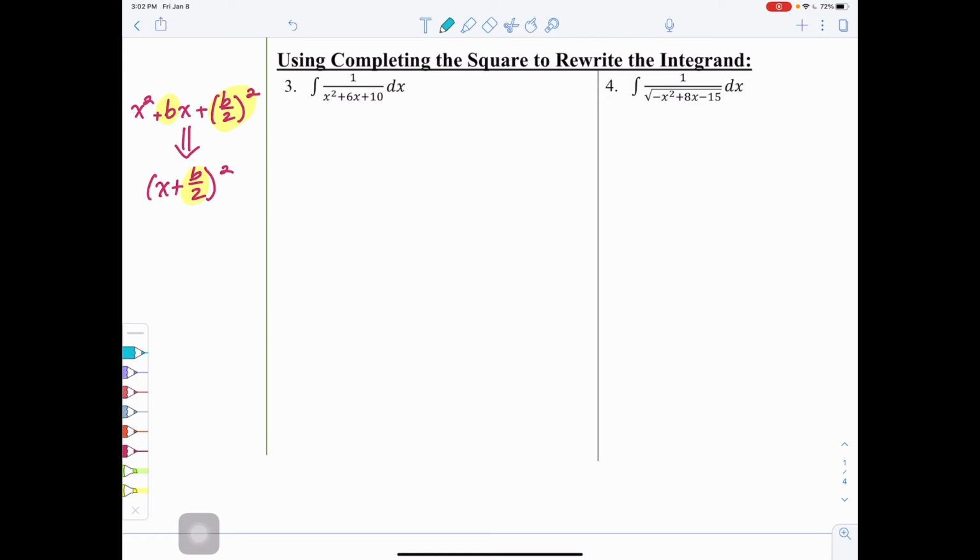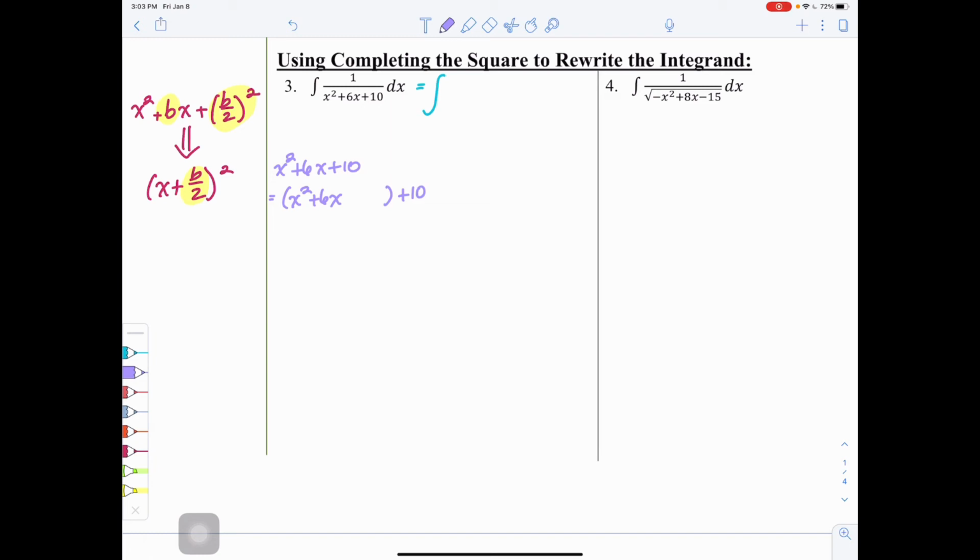Okay, so we're going to go ahead and just work with the denominator, and in a minute we will rewrite that integral. So let's go ahead and take a look at x squared plus 6x plus 10. And we're going to rewrite that as x squared plus 6x, and I'm going to put this in parentheses. I'm going to leave that plus 10 out here.